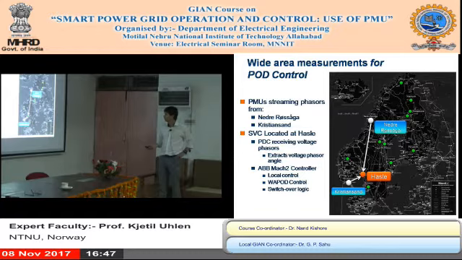The other measurement point was down in the south in Norway. So what we did, we measured the voltage angle between this station and this station. And that was then fed to the POD that was placed here at the Hasle transformer station.